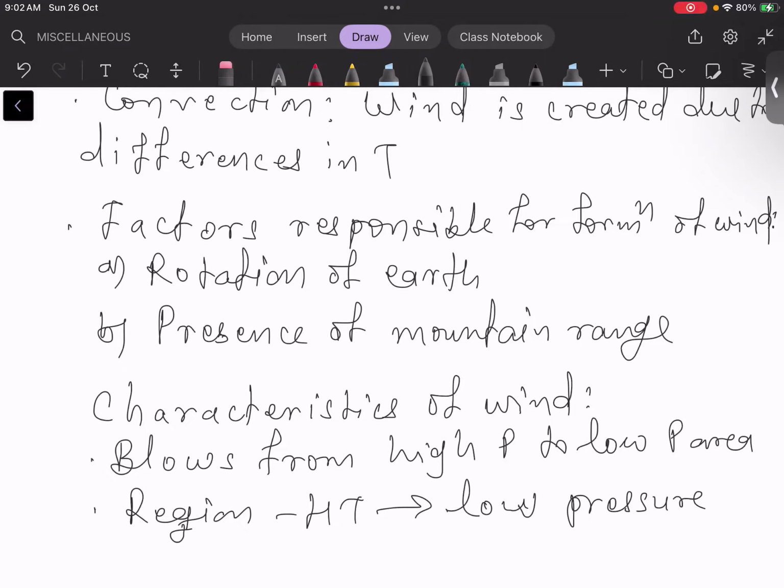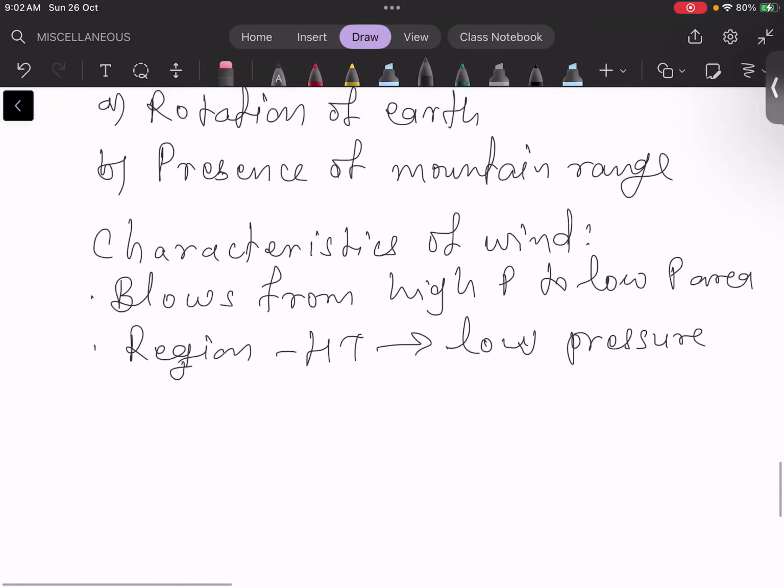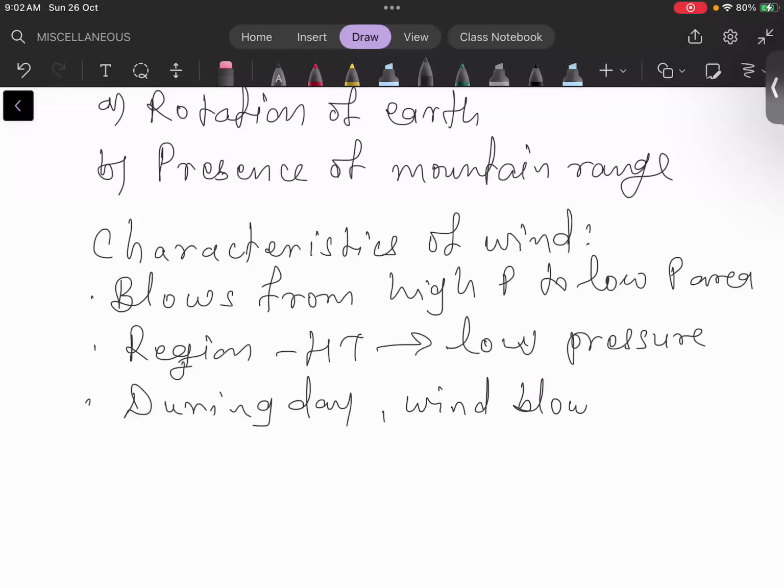The next: during the day, wind blows from sea to land, and that is known as sea breeze.